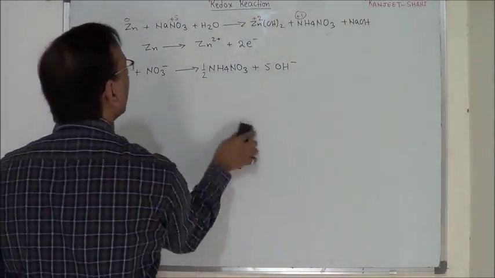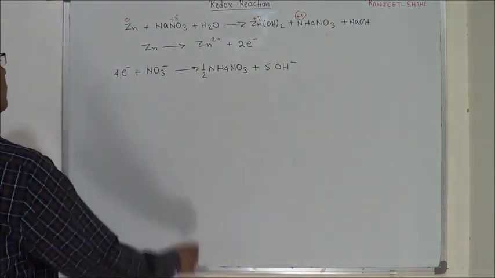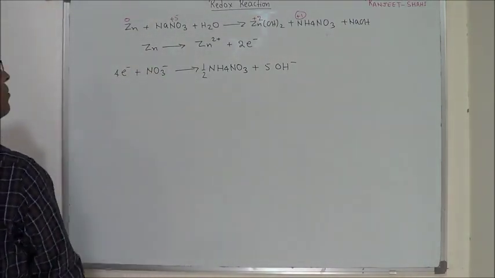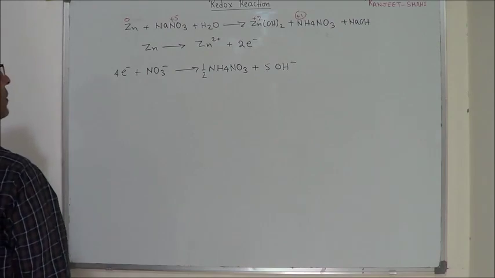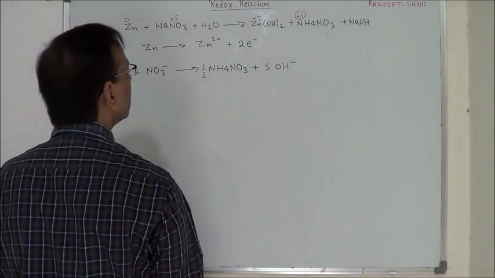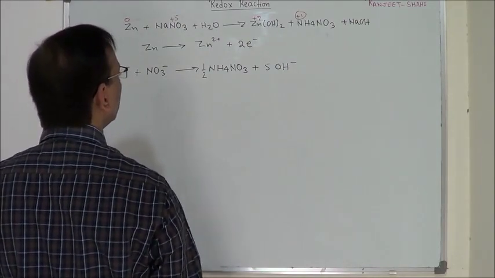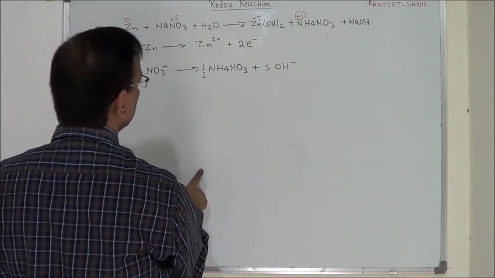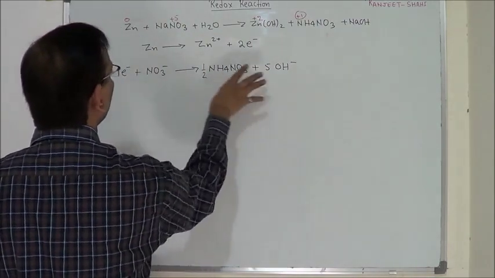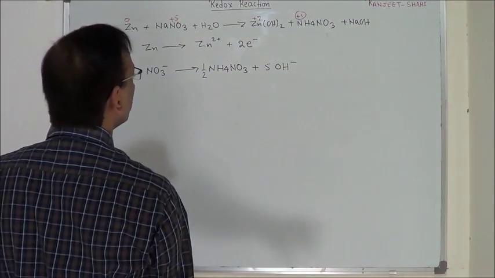Here we have minus 4 minus 1, minus 5. On the right side we have minus 5. Now the charge is balanced. How many hydrogen do we have on the right side?